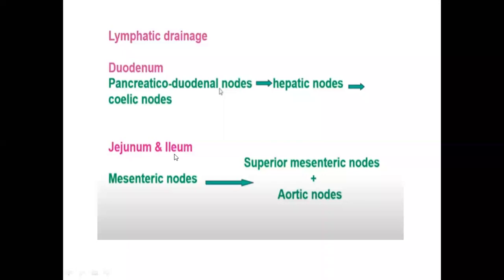In the case of the jejunum and ileum, as they are supplied by the superior mesenteric artery, the similar nodes, that is mesenteric nodes, drain into superior mesenteric nodes and aortic nodes, which ultimately drain into the celiac nodes.